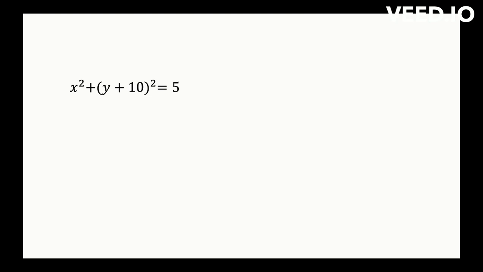And then to find the radius, we set r squared equal to 5. So to find r, we need to take the square root of 5, which leaves us with the square root of 5. And then the center will be at (0, -10).